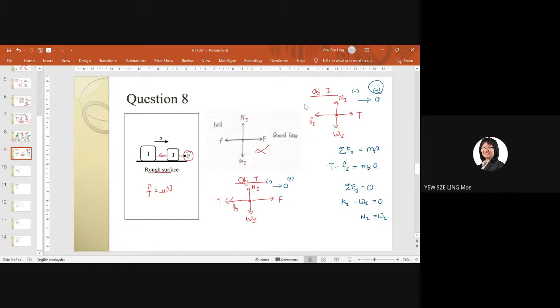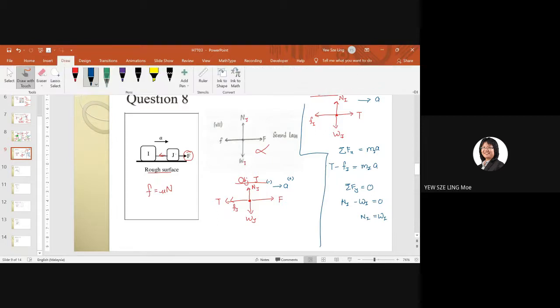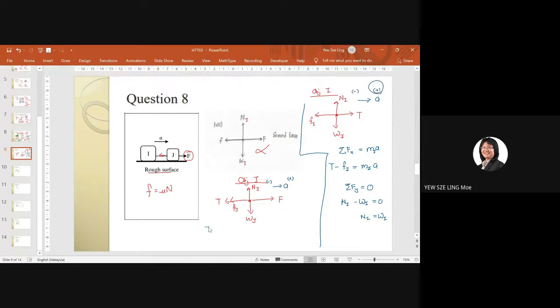So for object J, what should I do? Again, I'm going to repeat the same thing. You just keep repeating the same thing. The most important thing is you get a correct free body diagram. Summation Fx equals mj a. Along the X component, I have 1 force going to the right and 2 forces going to the left.